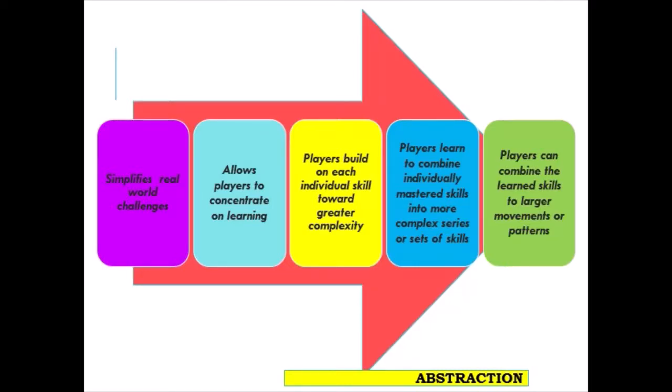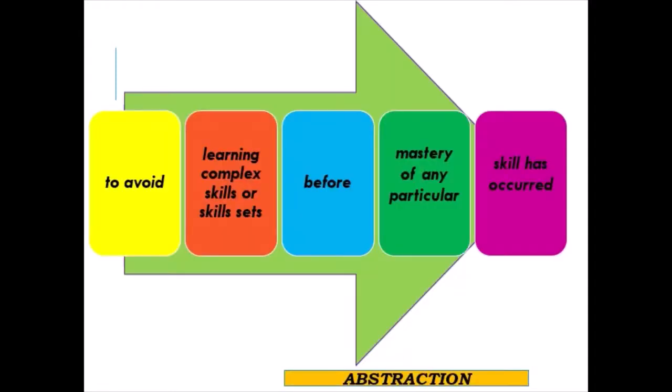After a while, they can put these simplified skills all together and make this complex set of skills that help them to have their future movements or patterns. In other words, before mastery over any particular skill, they do not move to learning complex set of skills.